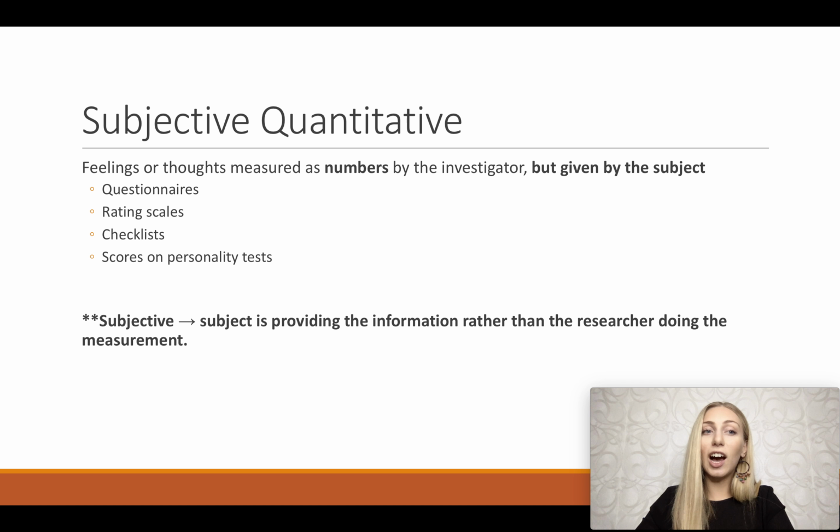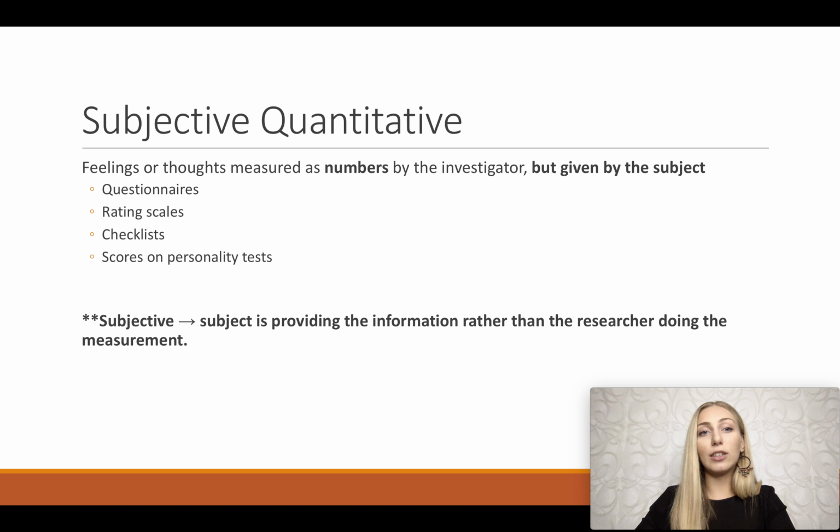Okay, the second type of data is subjective quantitative data. So again, we are looking at numerical data, but this one looks at the feelings or thoughts measured as numbers by the investigator, but the information is given by the subject. So subjective means the subject is providing the information rather than the researcher doing the measurement.